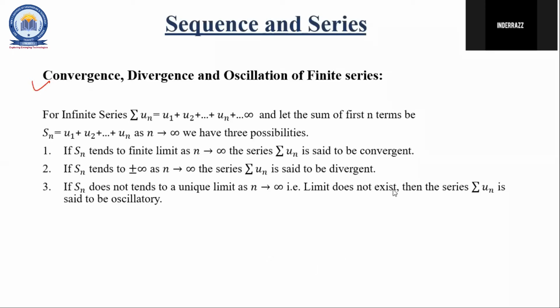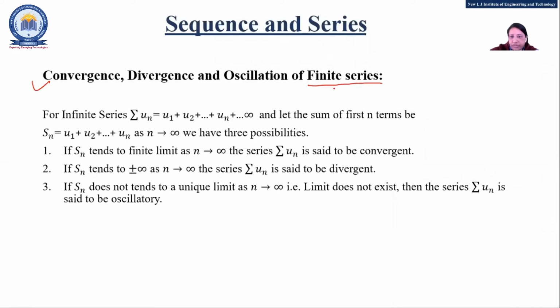These are the things for the infinite series that we have seen, that is u1 plus u2 up to infinity. The sum of the first n numbers will be denoted by Sn, and that is up to un only. Here it's up to infinity, here up to un.